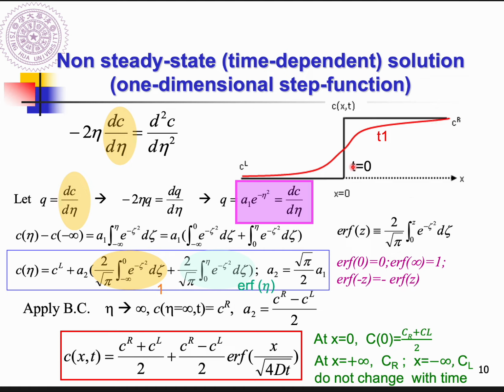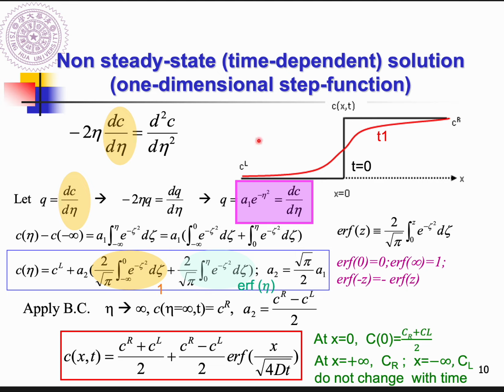eta. And we also mentioned that if we want to directly use these solutions, there are three concentrations at different locations that do not change with time. The first one is at the center or interface of this diffusion couple, where the concentration should maintain at the average of Cr plus Cl.